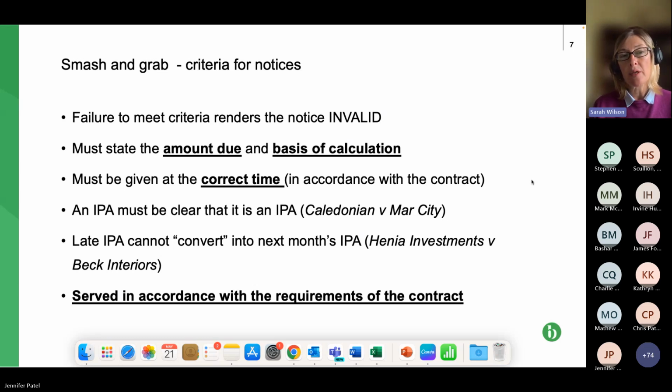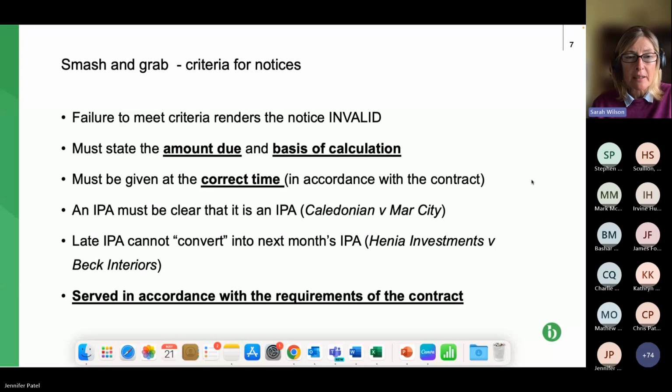And the court said, no, your May application clearly says it's the May application. You can't then by some miracle say, oh, well, it's converted into the June application. And it's partly about being transparent and making sure that it is a notice, i.e., the other side is easily aware of what it's supposed to be.